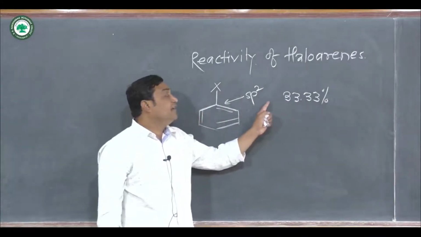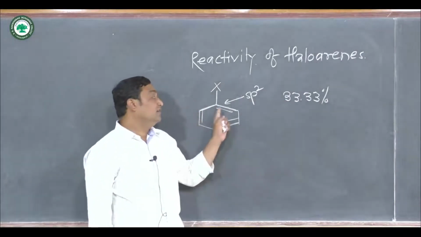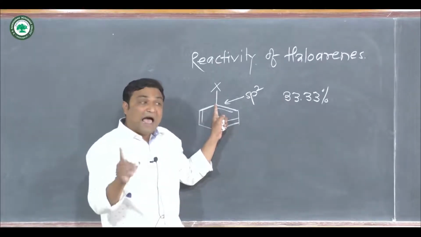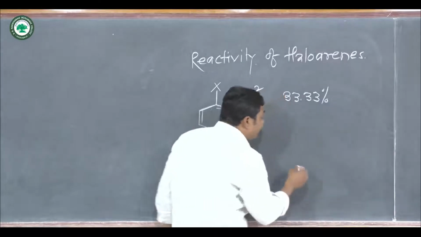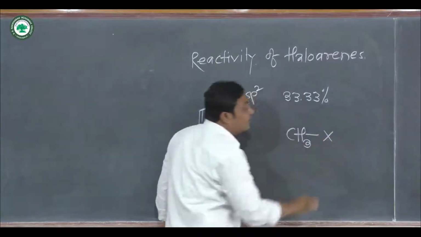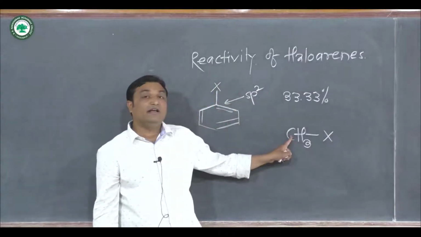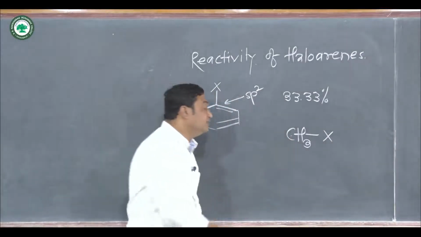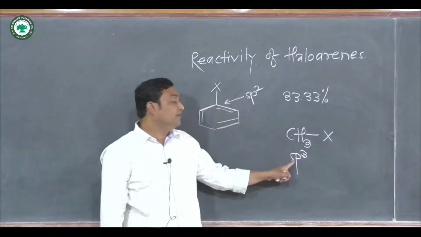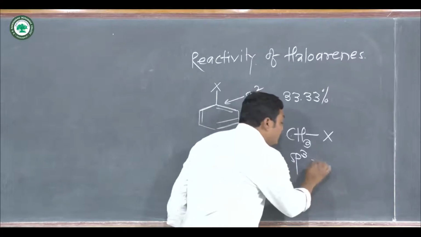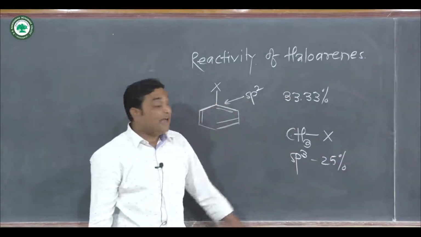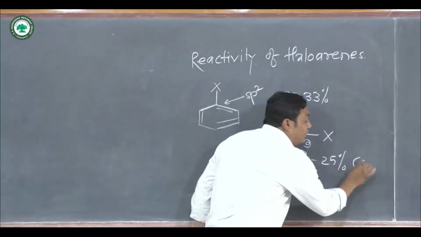This is higher than the percent of S character present in alkyl halide, where the hybridization of this carbon atom is sp3 and it has 25% of S character.